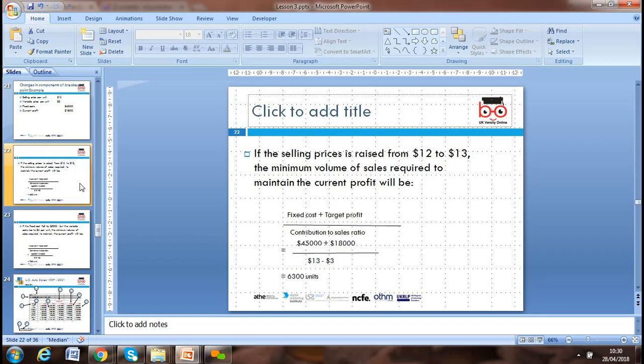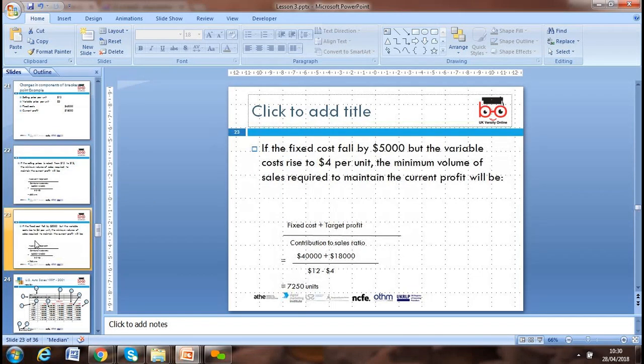Now we have raised the selling price to 13, but of course the variable cost stays the same. So we need to sell 63,000 units to break even, instead of 7,000 units, to earn the same profit. So a 1 pound price increase or decrease makes a huge difference.